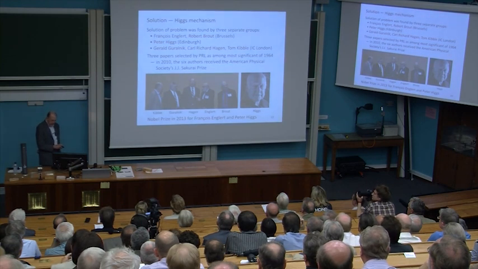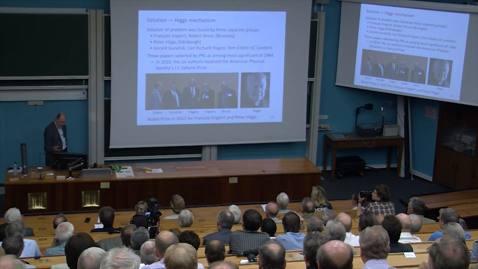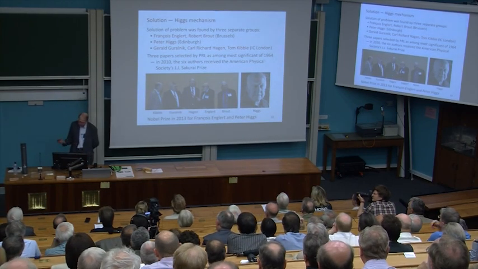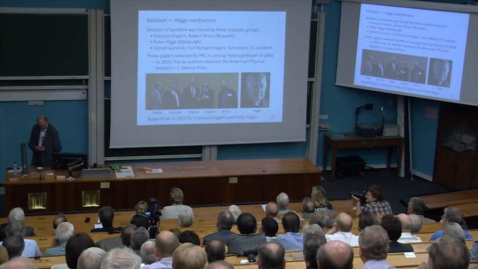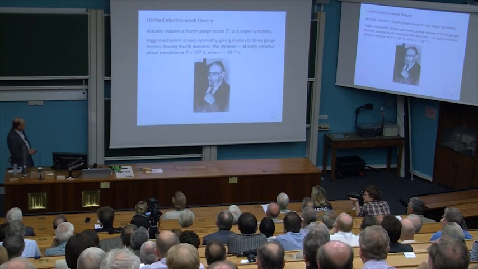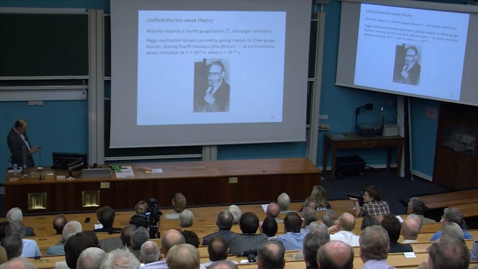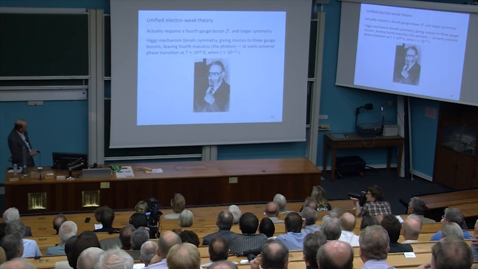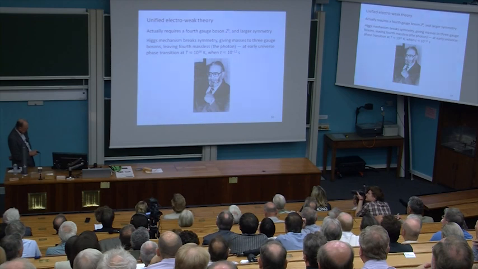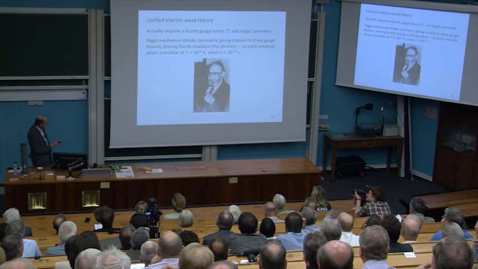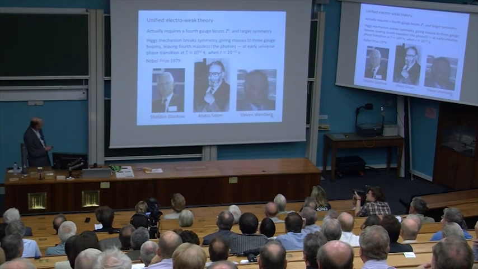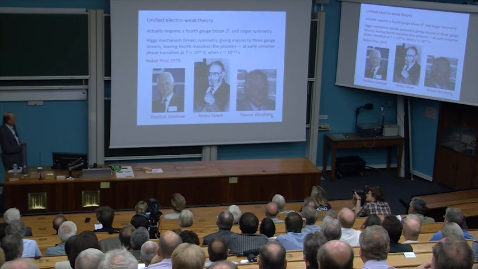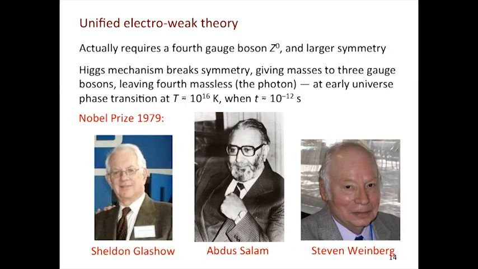Well, that is, of course, the Higgs mechanism. But how did this help with the unification? Well, actually, the unification requires a 4th gauge boson. It turns out, I don't know why Salam's picture has come up alone, but anyway, it requires a 4th gauge boson and a larger symmetry.